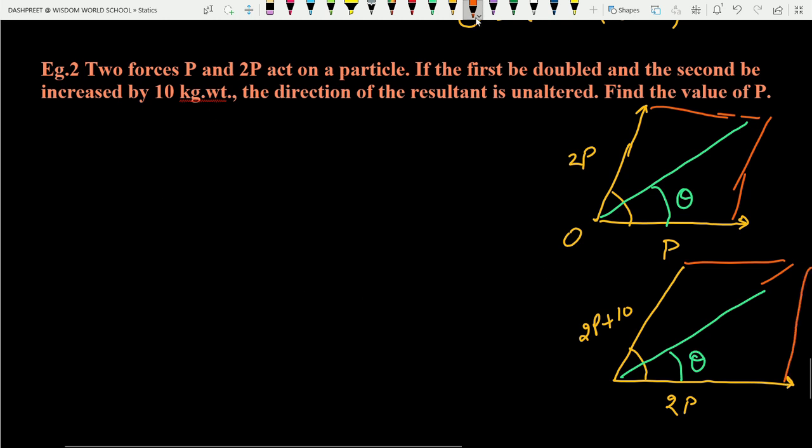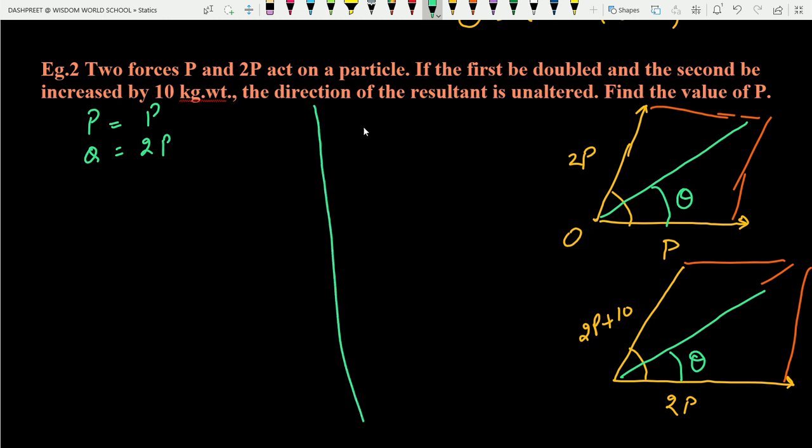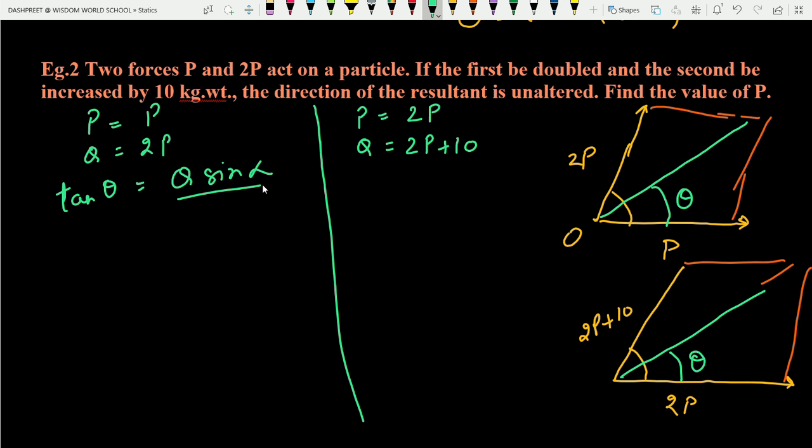Now the formula for tangent theta, you can suppose it like this. In the first case, P is equal to P and Q is equal to 2P. But in the second case, we are having P is equal to 2P. P has become doubled and Q has become 2P plus 10. So the formula for tangent theta, here in this case, is Q sin alpha divided by P plus Q cos alpha.